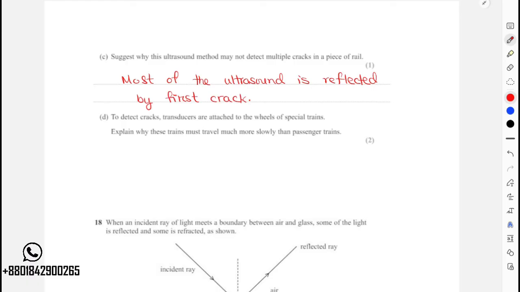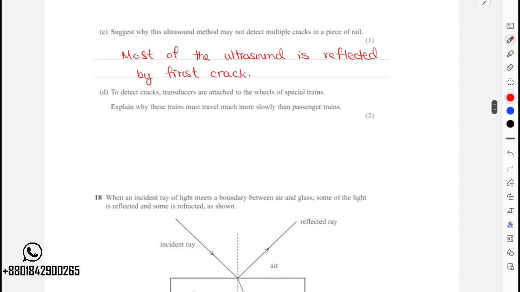That is only one case, but they're only giving 2 marks for this. To be honest, there is nothing else other than that point. If it is traveling at a very high speed, it will no longer be at the same position, so it will not be there to receive the reflected ultrasound from the rail cracks.